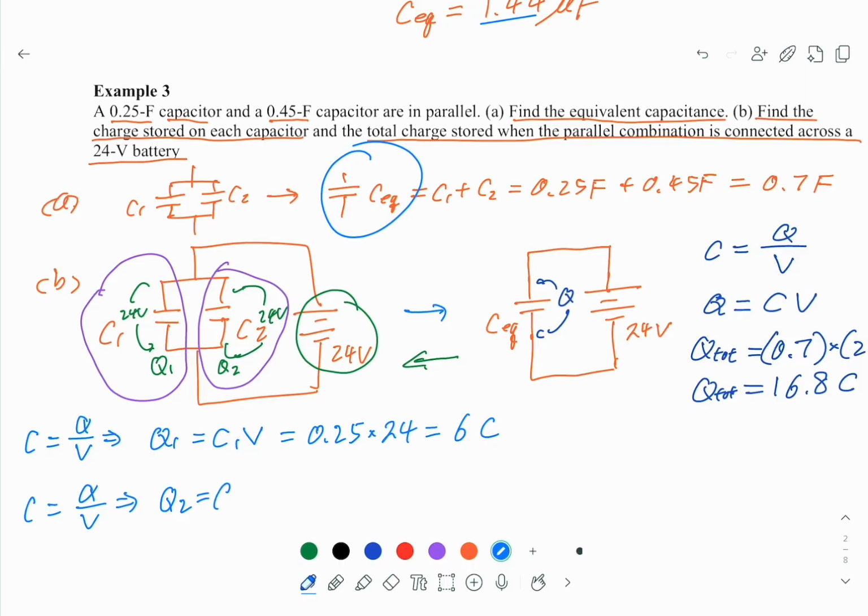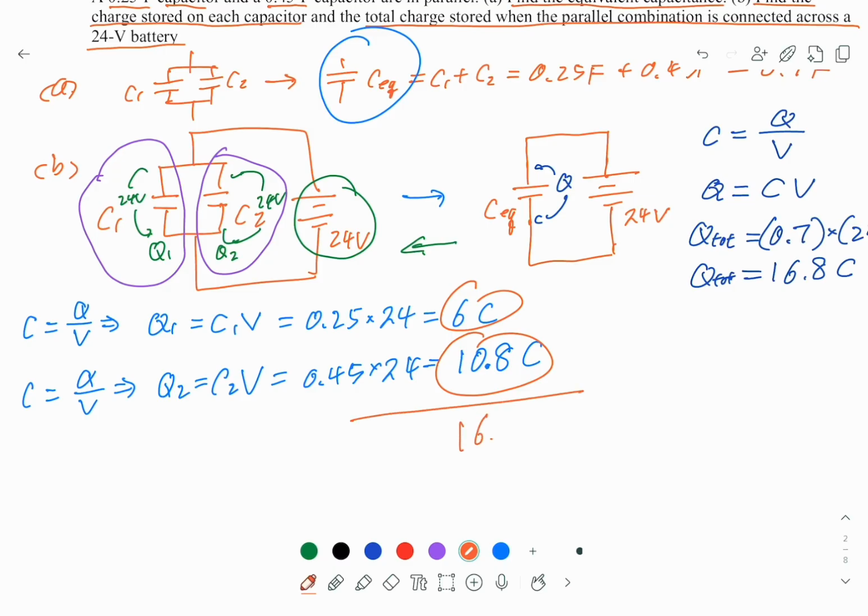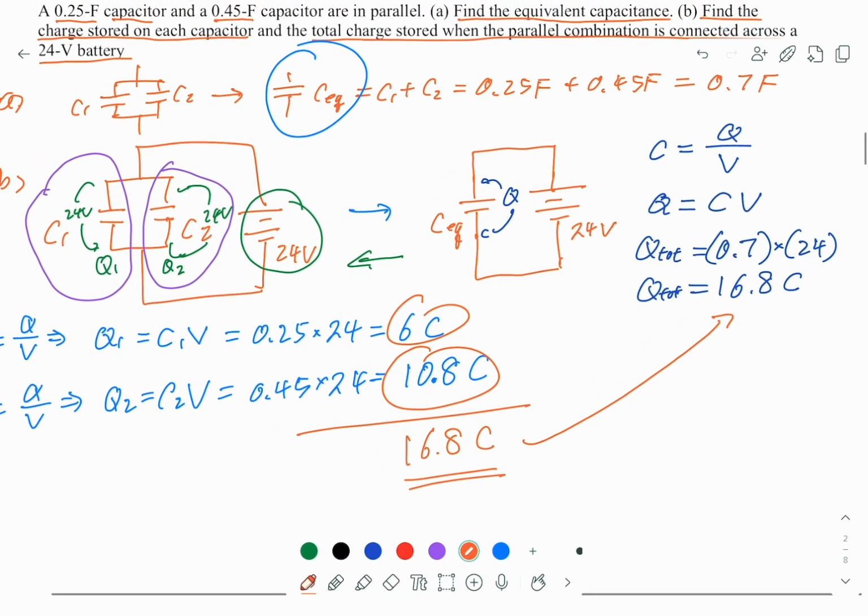Q2 is C2V, they have the same voltage. So this is 0.45 times 24. This is 10.8 coulombs. Can you see they are consistent? Because if you add these two, they equal 16.8 coulombs. This is exactly the total charge we calculated with the equivalent capacitance.